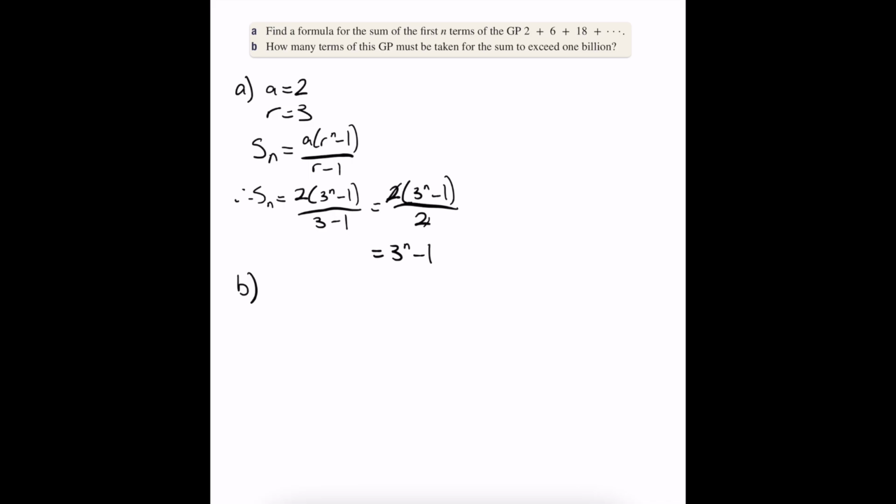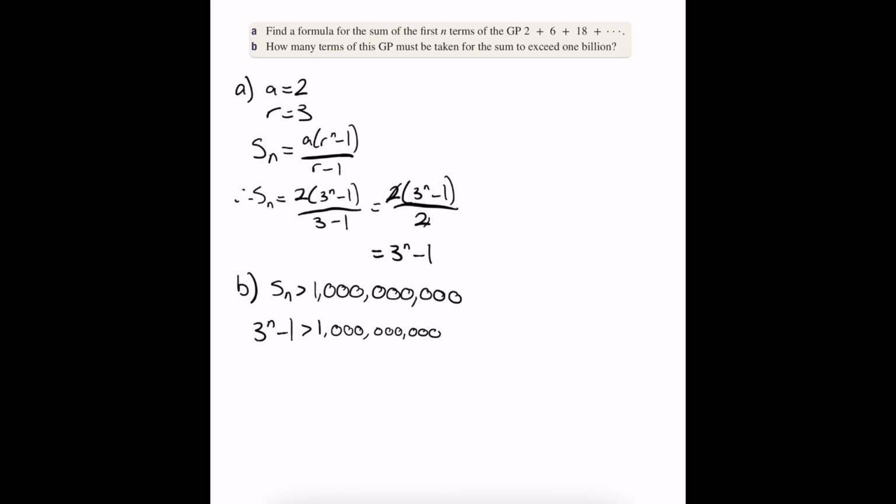Part B then says how many terms of this GP must be taken for the sum to exceed 1 billion. So for the sum to exceed 1 billion, essentially we are looking for the value of n for which Sn is greater than 1 billion, which is a 1 with 9 zeros. Or in other words, when 3 to the n minus 1 is greater than 1 billion.